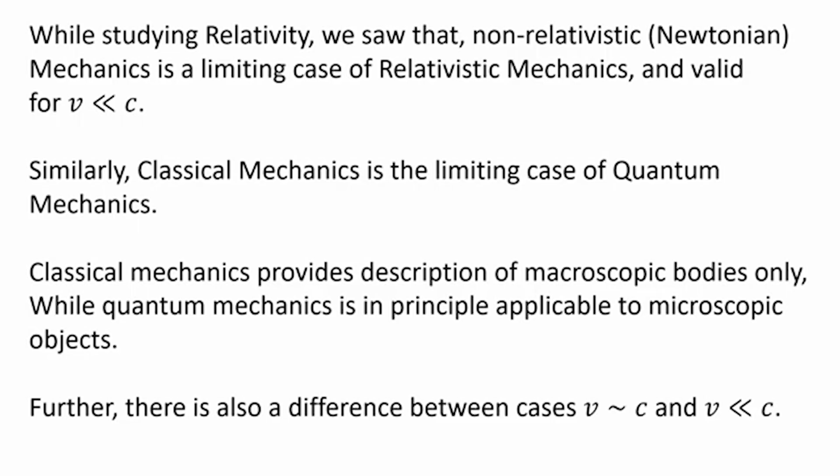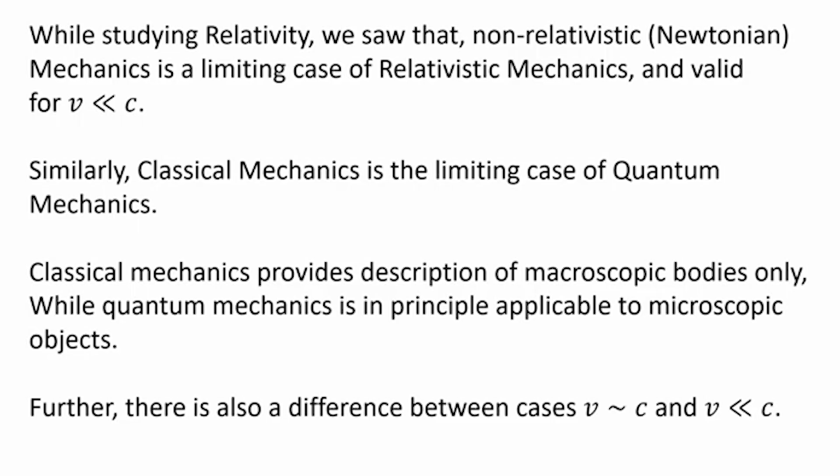Similarly, classical mechanics also works in a certain domain, and quantum mechanics should be universally applied to all particles to decipher the properties of these systems, microscopic or macroscopic. However, for macroscopic bodies, classical mechanics works fine, and this is what we have learned. So, classical mechanics is a limiting case of quantum mechanics.